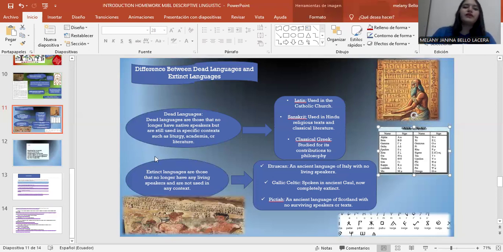And extinct languages are those that no longer have any living speakers and are not used in any context. We have Etruscan. This is the picture. It's an ancient language of Italy with no living speakers, as you can see.